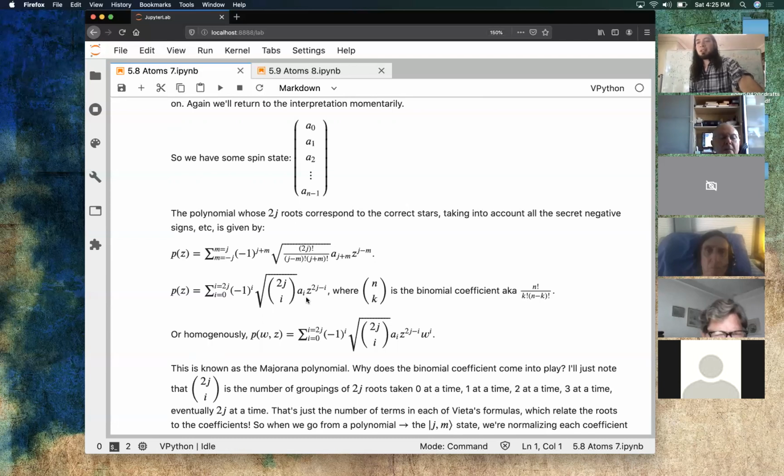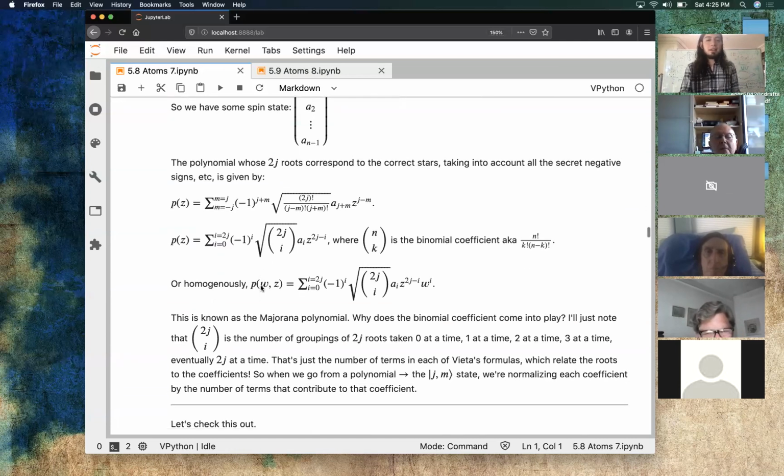There's a little -1 term here so that, as i goes from 0 to 2, this is going to flip the sign of every other term. And then we have this little normalization for each component, which is the binomial coefficient.